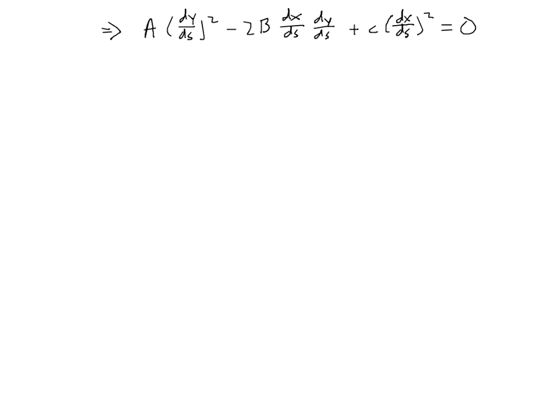And so what happens is this is basically going to determine the two directions at each point in the xy plane where we have what we call characteristic points, or characteristics.